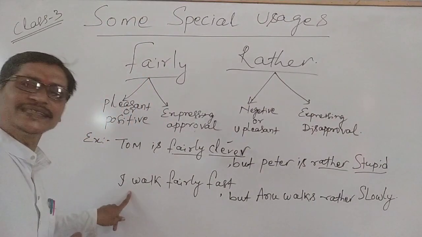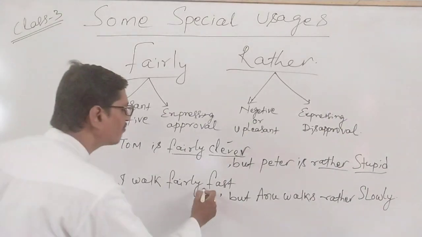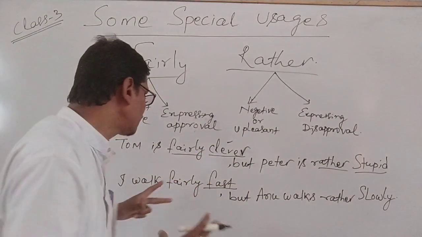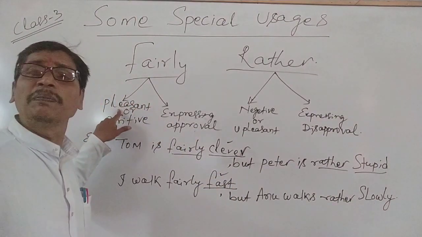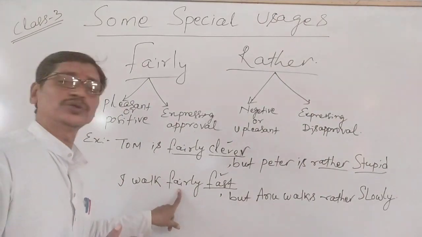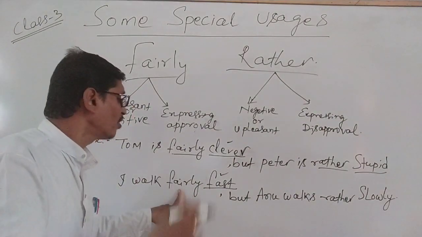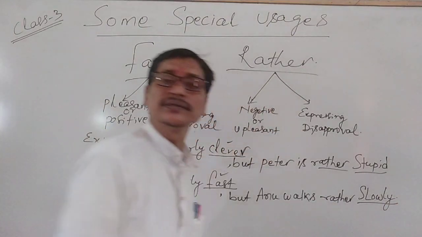Similarly, here is another example. You see, I walk fairly fast. My walking is fairly fast. That means fairly fast we have taken as a positive and pleasant thing. Therefore, we have used fairly over here. On the other hand, but Anu walks rather slowly.